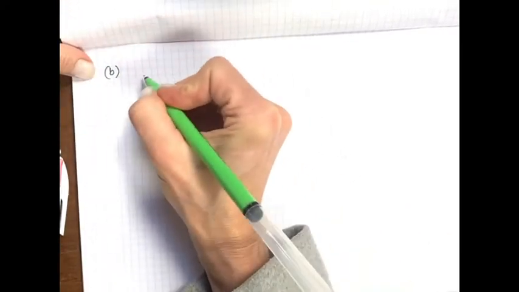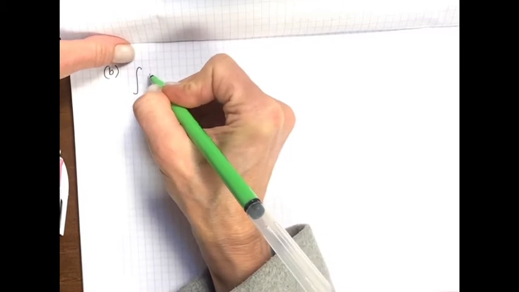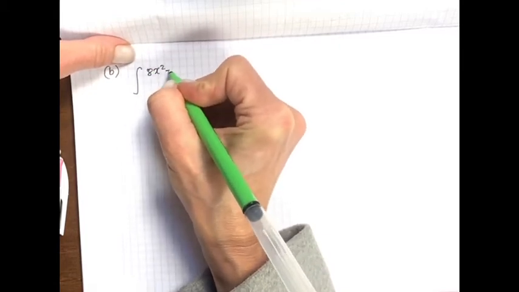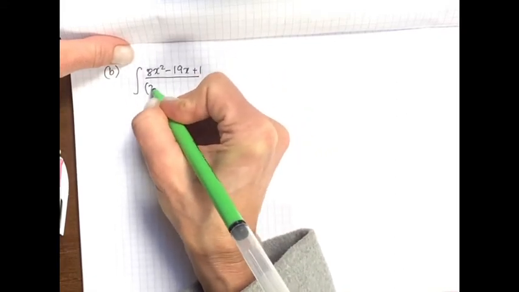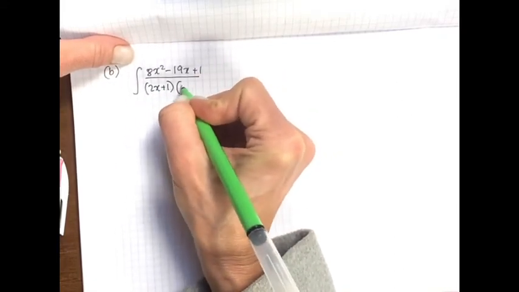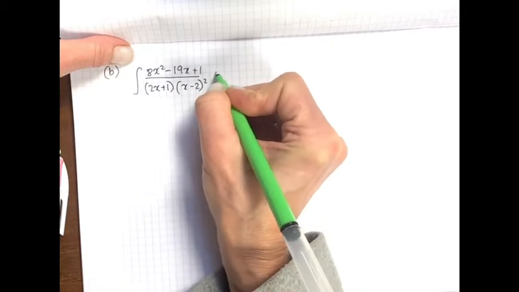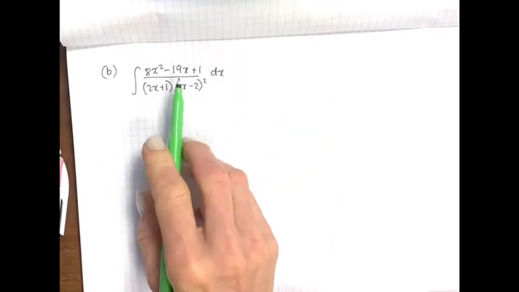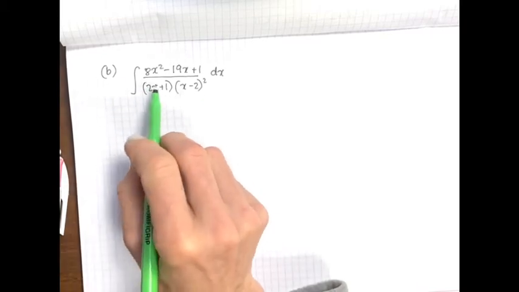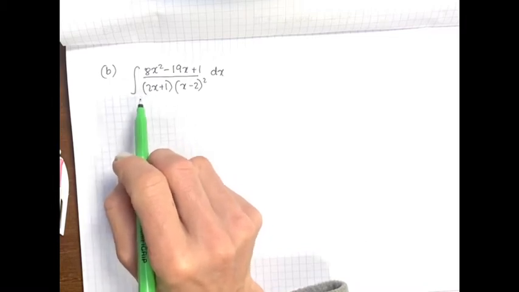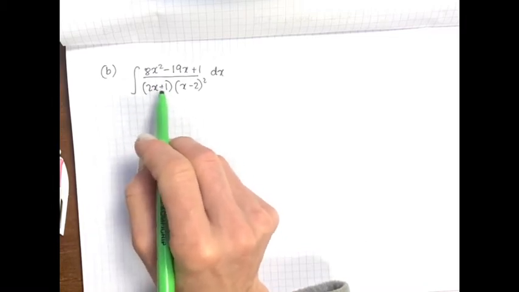Let's have a look at part B. These questions are quite lengthy, but students normally feel happy and secure with them. You've got 8x squared minus 19x plus 1 over 2x plus 1 multiplied by x minus 2 squared. The numerator is a quadratic and the denominator is a cubic, so it's not an improper fraction, and you can happily split it into partial fractions.